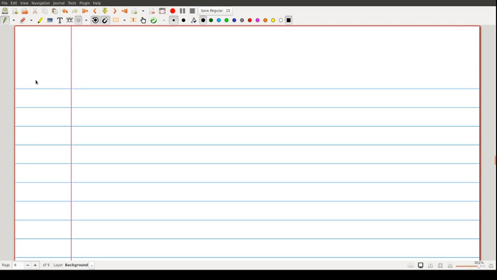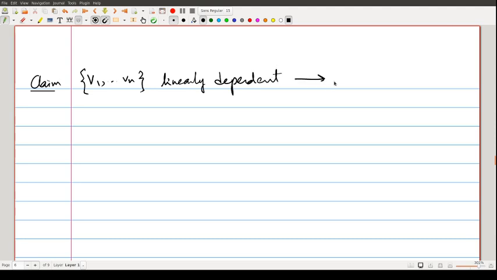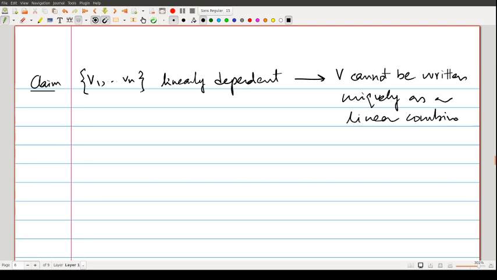And so now I'm claiming that if you have V1 to Vn linearly dependent, then V cannot be written uniquely as a linear combination, right?